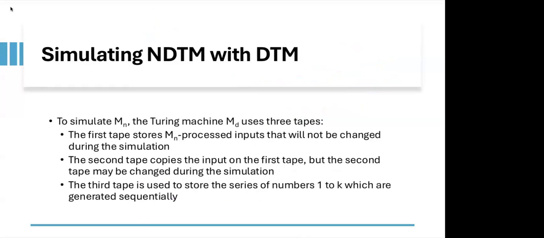To simulate the non-deterministic machine with a deterministic one, we will use three tapes. The first one stores the input for MN and will not be changed during the simulation. The second one is a copy of the same input, but it can be changed during the simulation. And the third one stores the series of numbers 1 to k, which are generated sequentially.